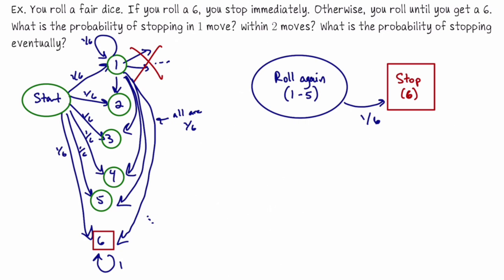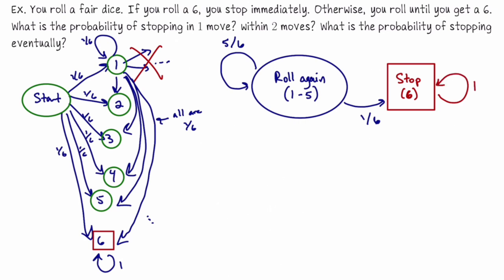Just at any moment, the probability of moving from the state on the left to the state on the right is 1/6. The probability of staying at the state on the left is 5/6. So we can do like a loop back to itself, and that's 5/6. And then because 6 is the moment where we stop, we never leave that condition. That loops back to itself with probability 1.